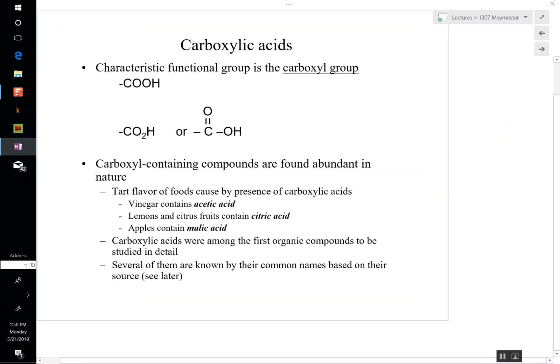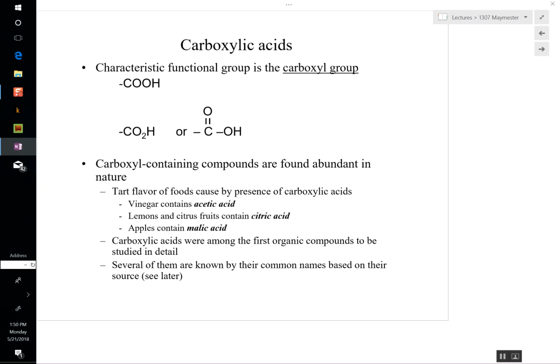So what are carboxylic acids? The functional group is the carboxyl. The carboxyl group, usually in a condensed formula, is COOH. If you see it drawn out structurally, it's a carbon-oxygen double bond, and on that same carbon is a hydroxyl group.